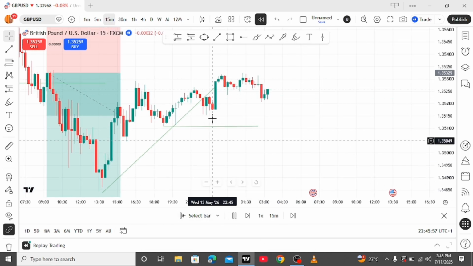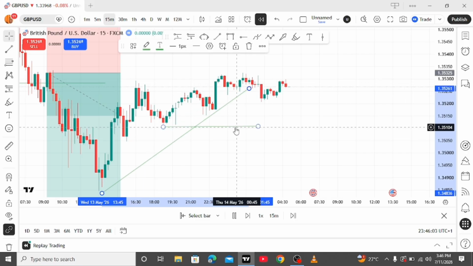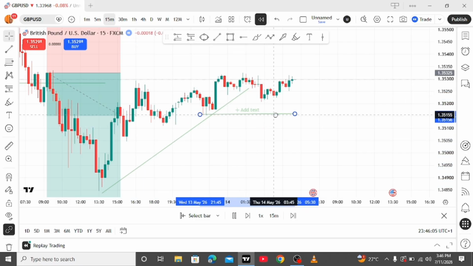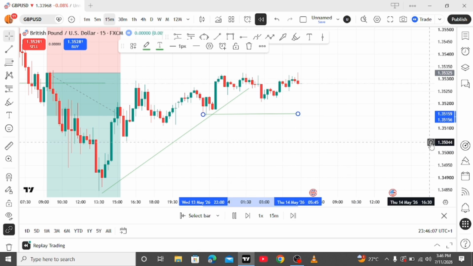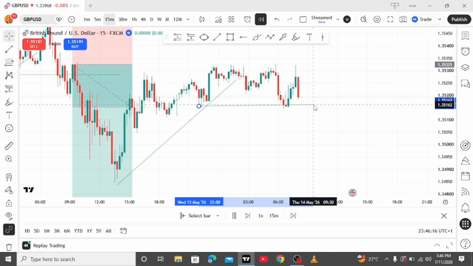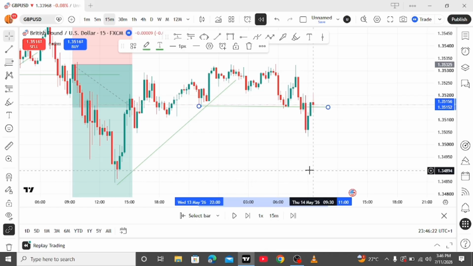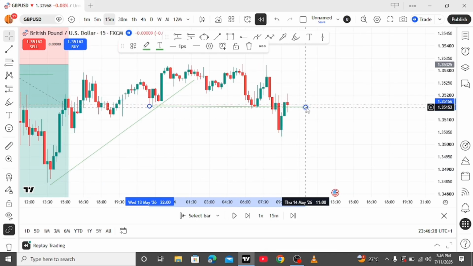At this point, we can adjust this trend line to this point, and we can say we're waiting for the market to break this low. Same thing. The market is approaching our low, trying to break, but it's not breaking at the moment. So right now, the market broke and retested the low.